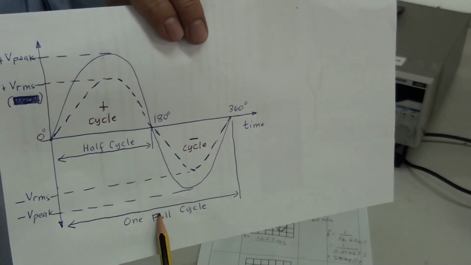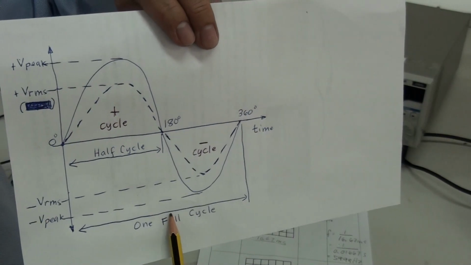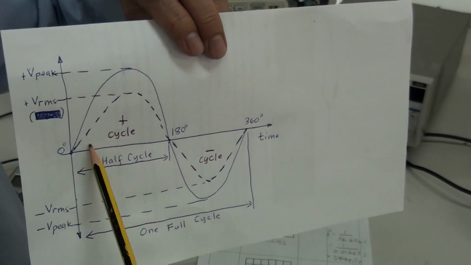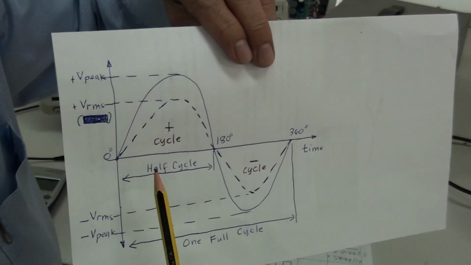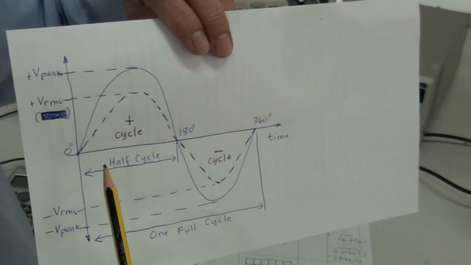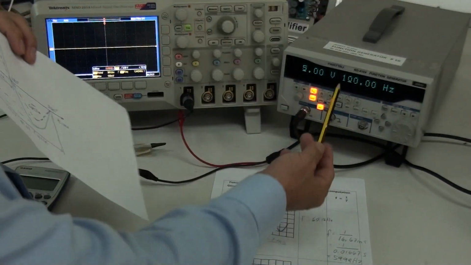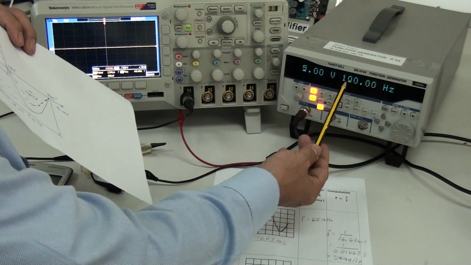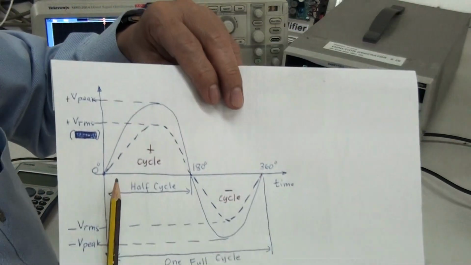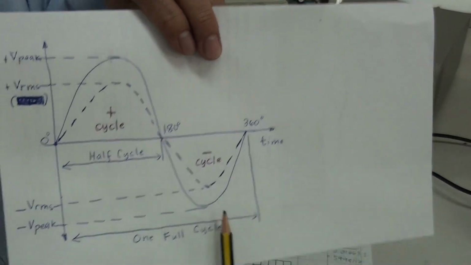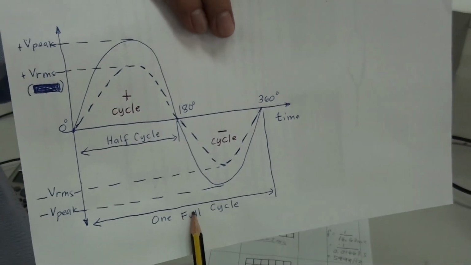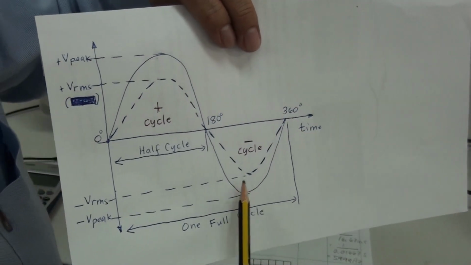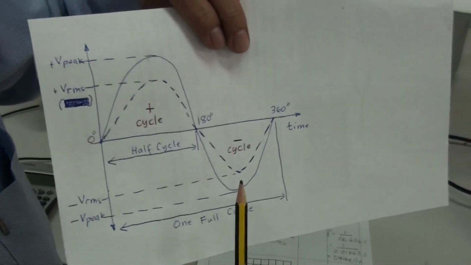So let's say this is 1 second, and in 1 second there is one cycle, so we can say that it is 1 hertz. So when we say 100 hertz, meaning in a period of 1 second, there are 100 cycles, or 100 hertz.